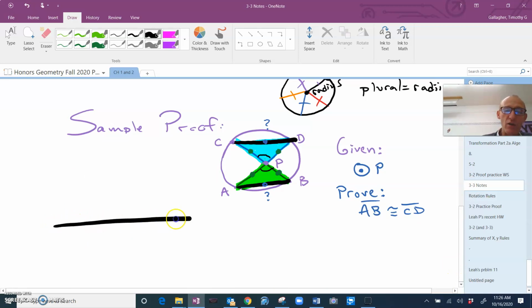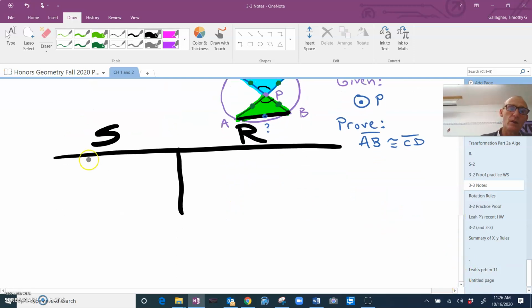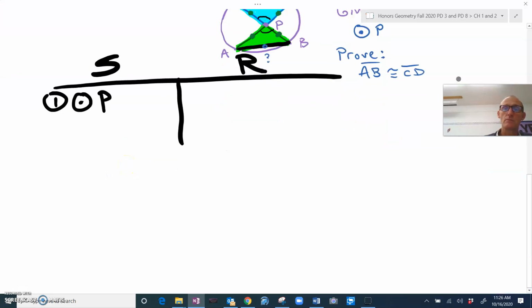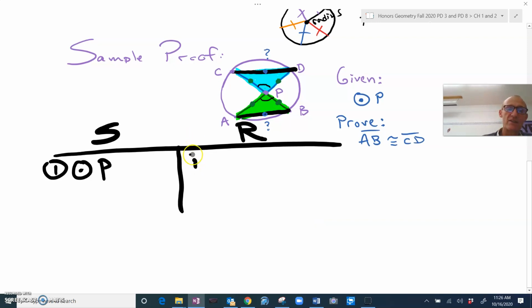We will set up a two-column proof. We will write our statements over here and our reasons over here. We will write that we have a circle with center P, and that is given.